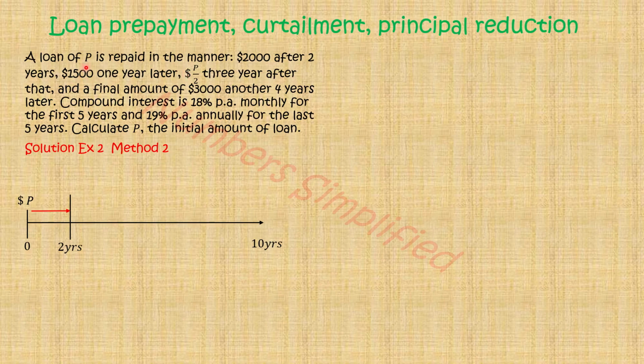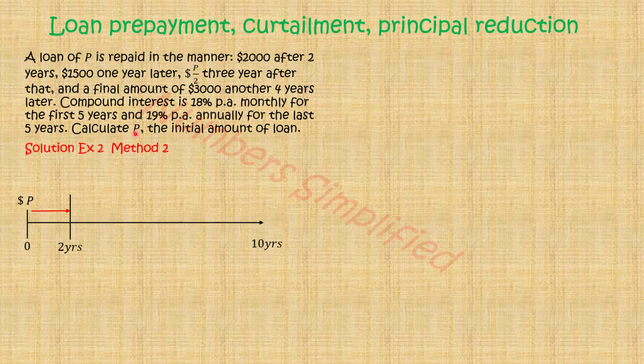It's only that we have P in place of L. A loan of P is repaid in the manner: 2,000 after 2 years, 1,500 after 1 year, P over 2 3 years later, and of course a final amount of 3,000 another 4 years later. Compound interest is 18% per annum monthly for the first 5 years and 19% per annum annually for the last 5 years. So calculate P, the initial amount of the loan.